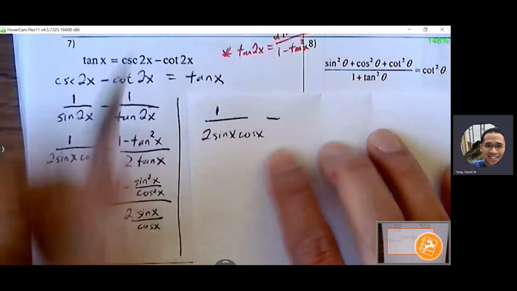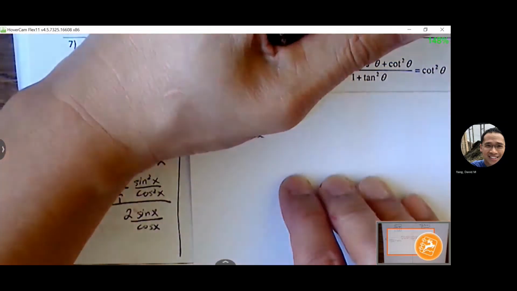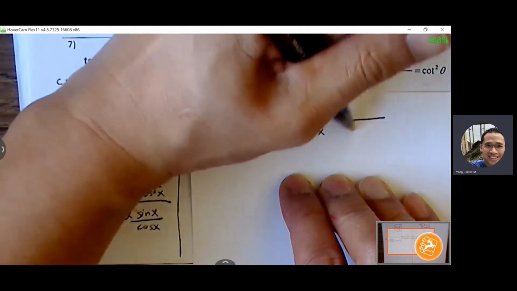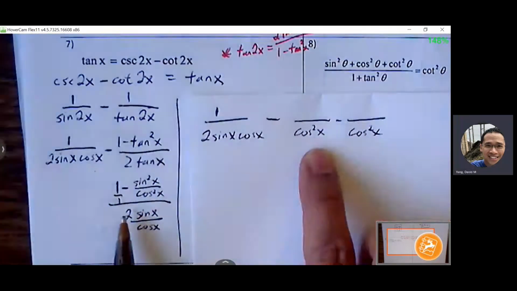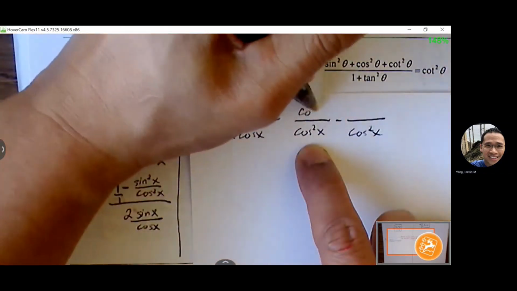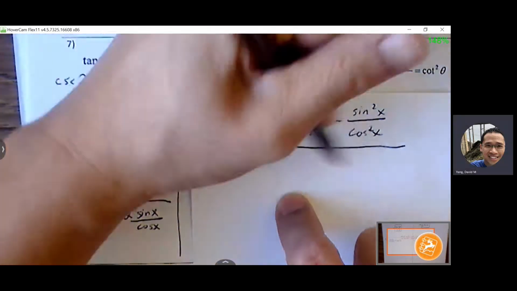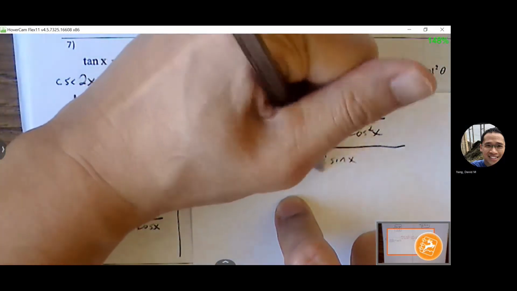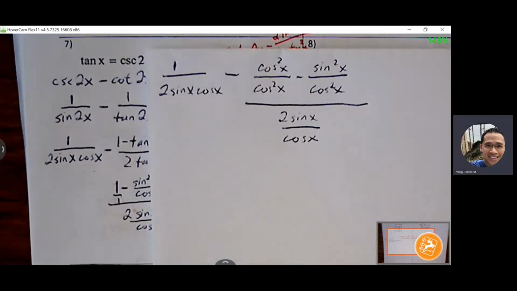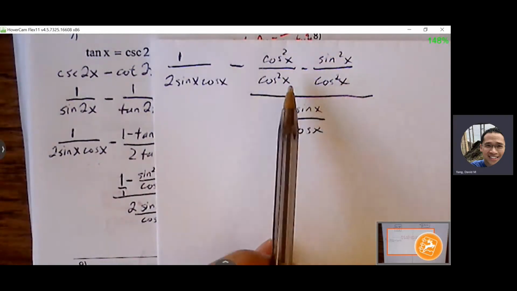Common denominator being cosine squared x. Balance my numerator. This is missing cosine squared x. Do a little merging here. Now I have a common denominator.